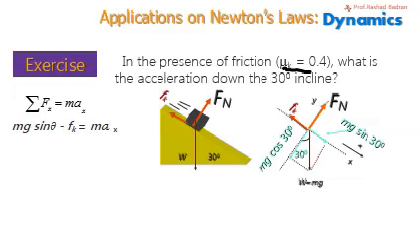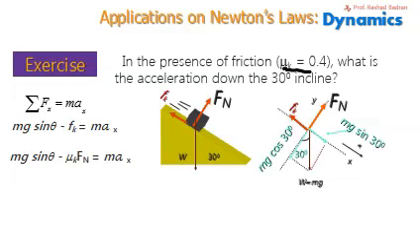Then by inserting mu k Fn for Fk, the force of kinetic friction, into this equation, we get the information about mu k and theta.